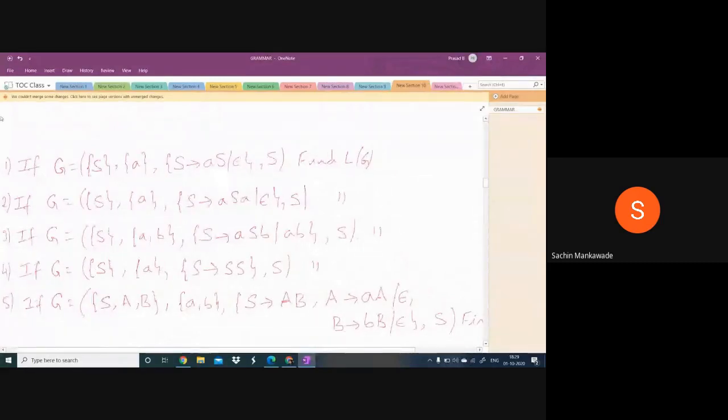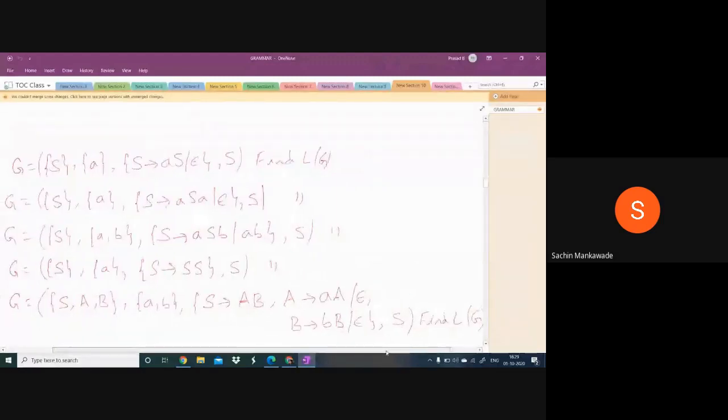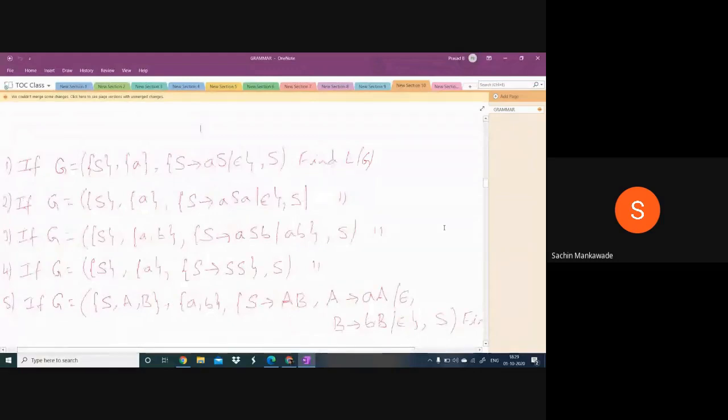If G equals S comma A, and S derives AS and epsilon, and S is the start symbol, find L of G. Find L of G for all of these, including the 5th question also. Copy all the questions and try. Give me the answers for all these questions.